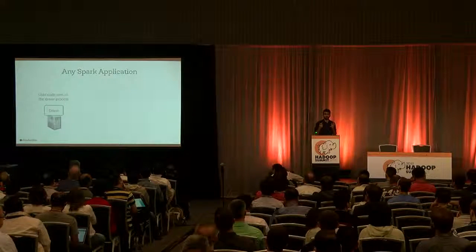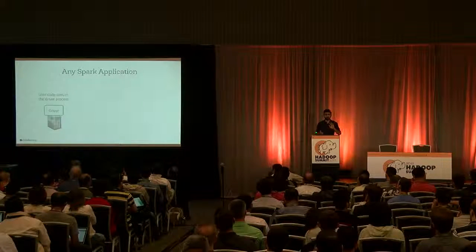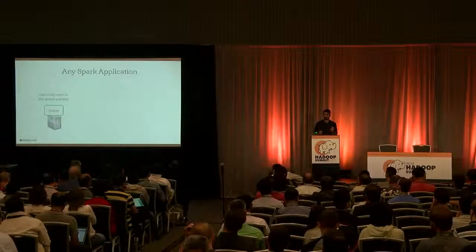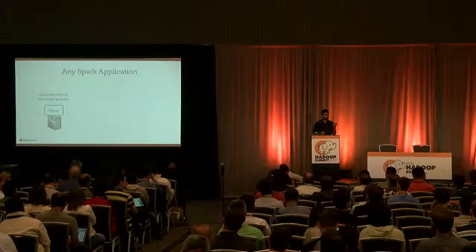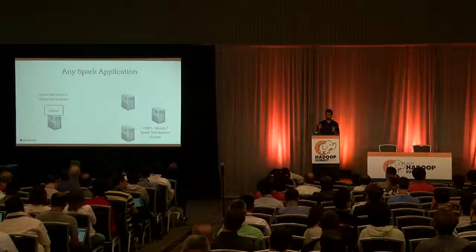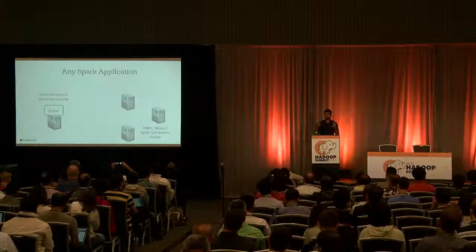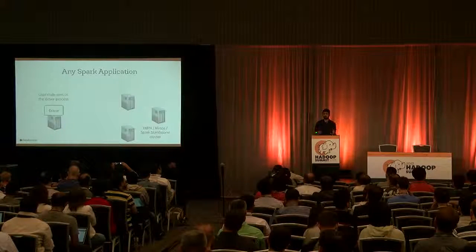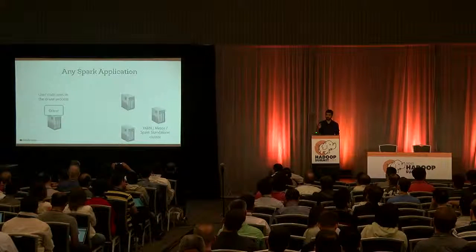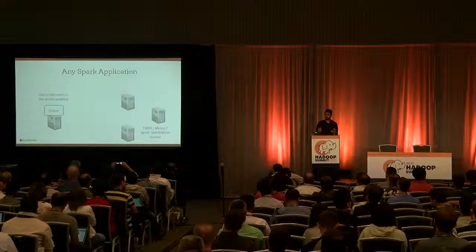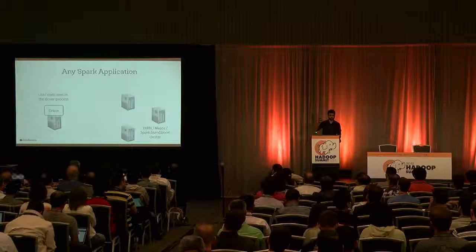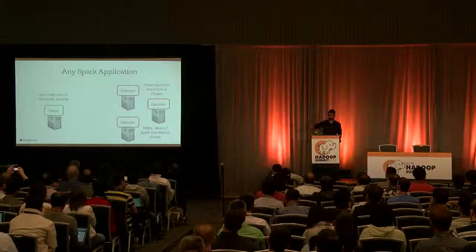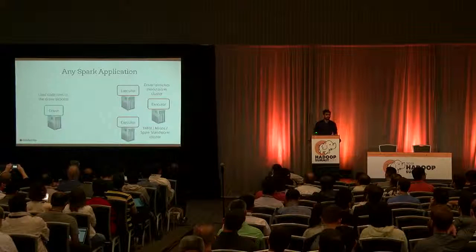The way any Spark application works, and for a lot of you this may be a refresher, is that your user code that you write in Spark runs as part of the driver process. Given a cluster managed by Yarn, Mesos, or Spark's own standalone cluster manager, the driver asks for resources from that cluster and spawns a bunch of executors.